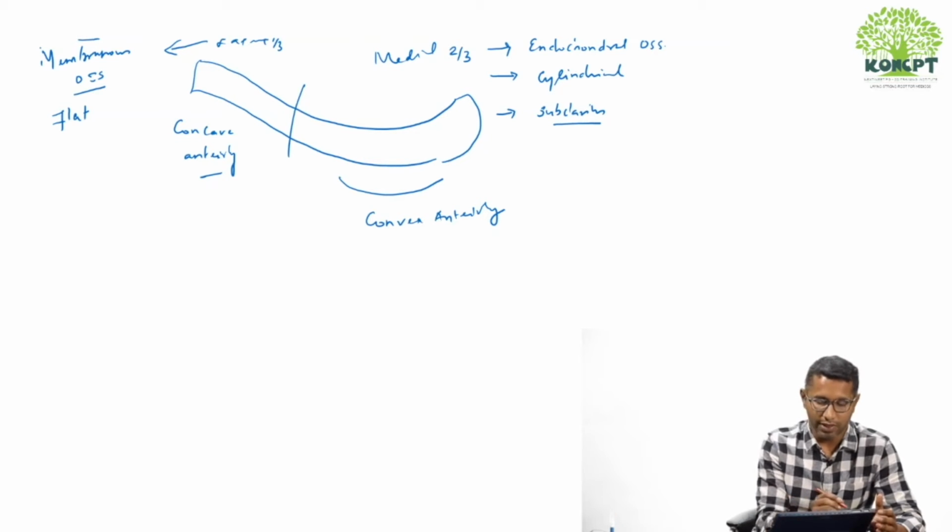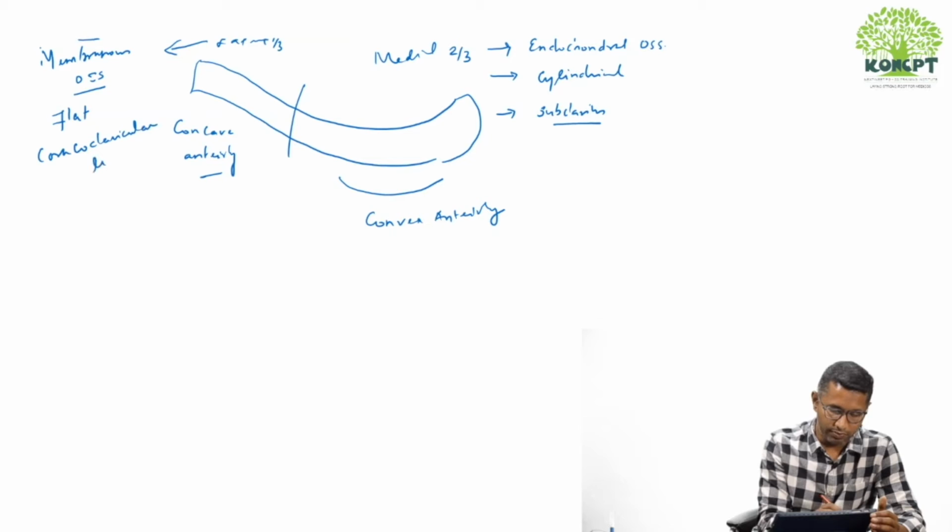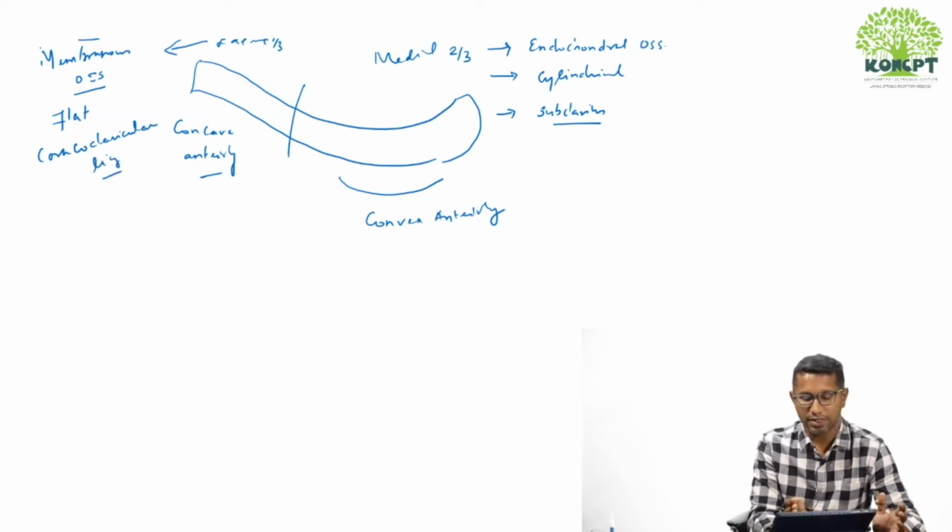In the lateral 1/3, beneath it there is a ligament which is called the coracoclavicular ligament. So, these are certain differences between the lateral 1/3 and the medial 2/3 of the clavicle.